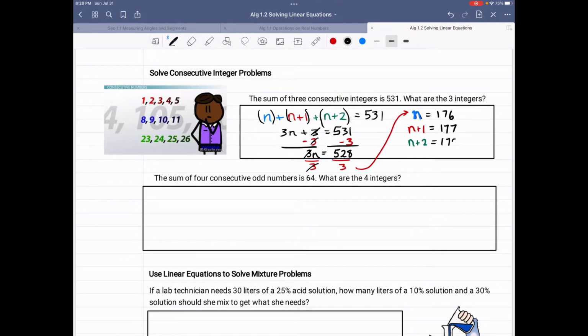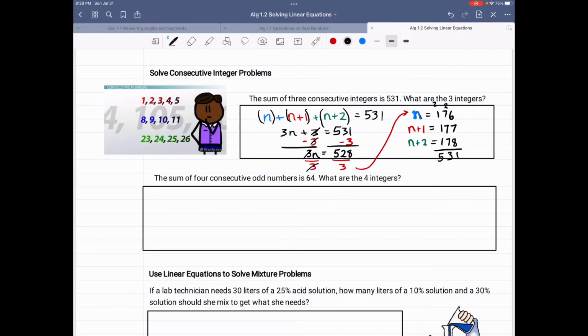The next number. And if you add these up, you should get 531. Let's check our work. 6 plus 7, 13... carry the 2, and we get 531, and that's what we started with, 531. So those are the three consecutive integers.